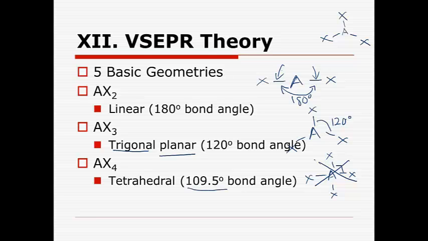A tetrahedral is basically like a triangular pyramid. A is in the middle, one goes up here, one goes down here, one comes out of your paper, one goes behind the paper, and every single one of these angles is 109.5 degrees.